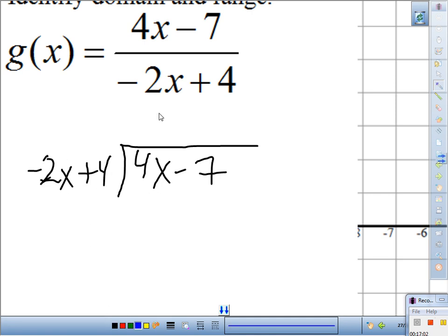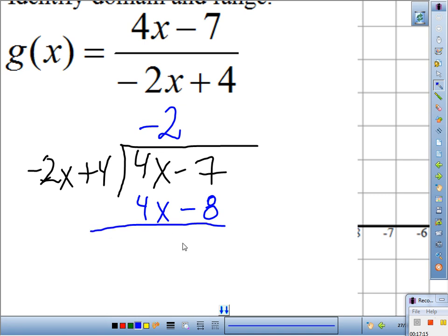All right. What number times -2x gives me positive 4x? -2. So we end up with positive 4x minus 8. Subtract. That makes this a negative. This becomes a positive. So we end up with positive 1. Okay?